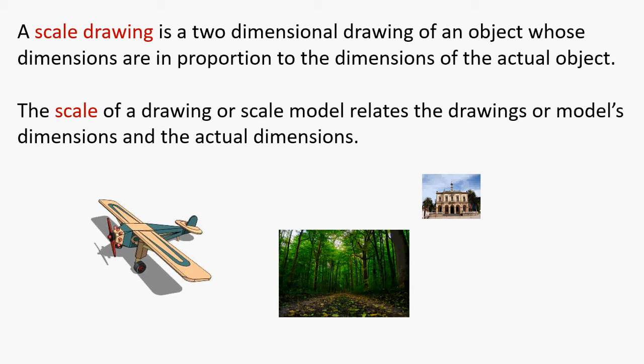One of the first ones is scale drawing. Scale drawing or scale models has to do with the fact that when we recreate real life objects, in terms of images or models, we keep the dimensionality.